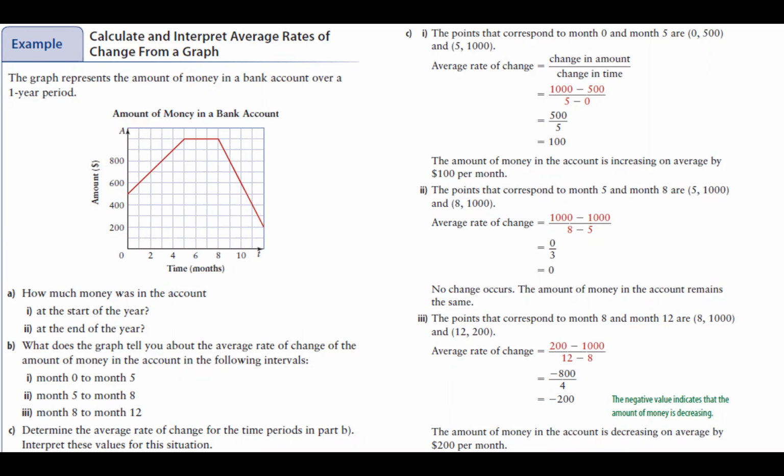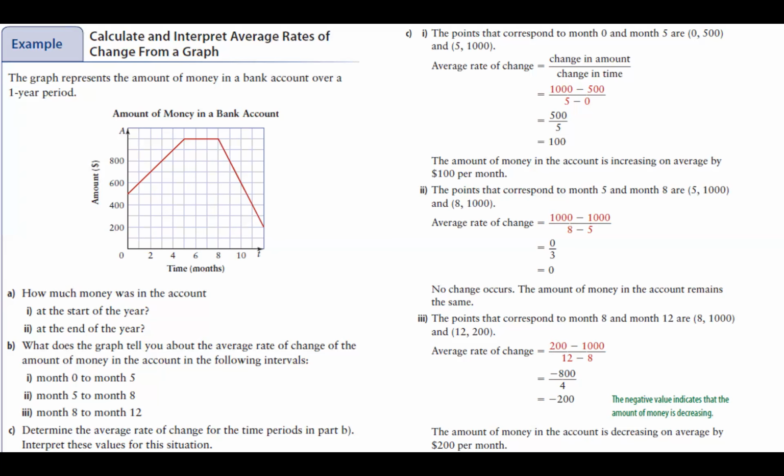And it's positive, right? Okay, the interpretation is the amount of money in this account is increasing on average by $100 per month.